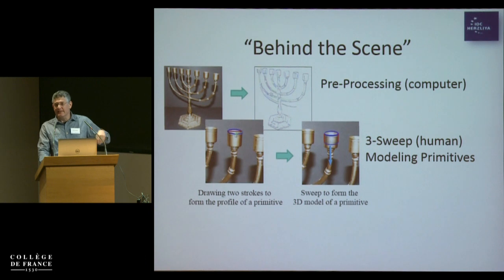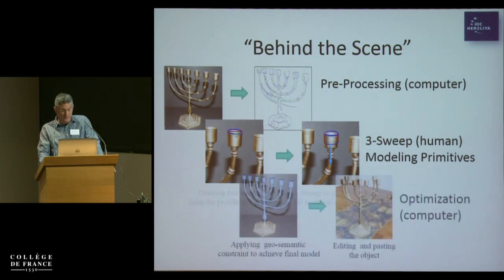What the human does is implicitly separate the object into parts, because when you model the 3-dimensional object as a whole, you separate it into smaller pieces. And what you can see here is that's basically creating a 3-sweep for each specific component. When you combine them together, you create the whole object. So 3-sweep actually models a single primitive, and the human who models the 3-dimensional object can separate this more complex object into simple primitives by using consecutive 3-sweeps to create the different parts.